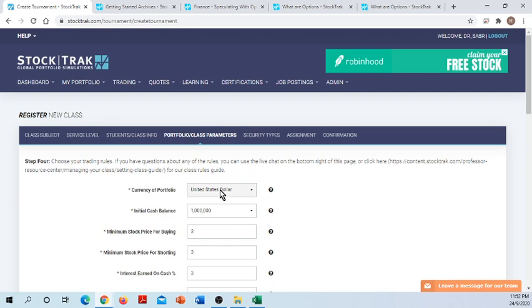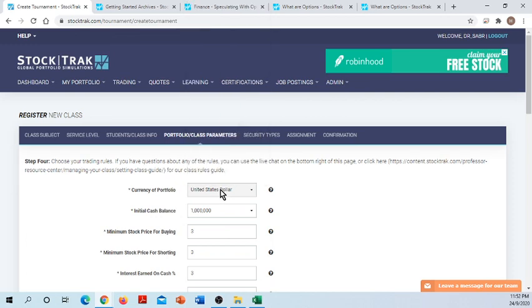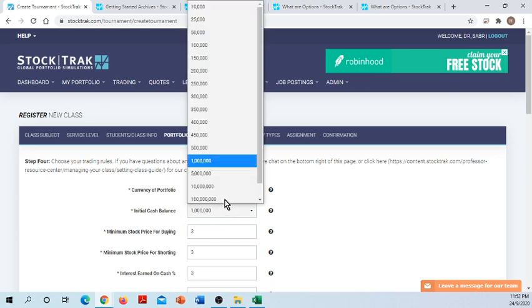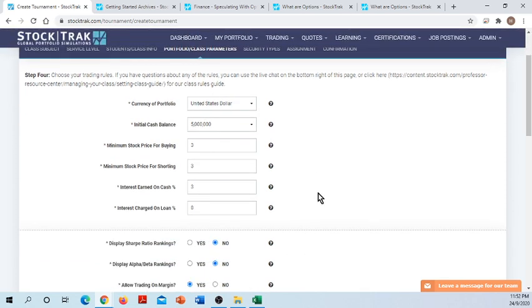Here is the currency; since the US dollar is the most popular currency, I'm going to stick with it. Here you can choose the initial cash balance your students can have. For the purpose of my course, I will choose 5 million.